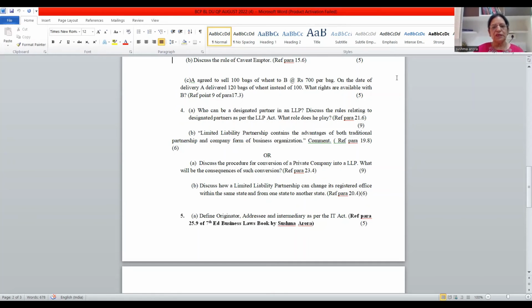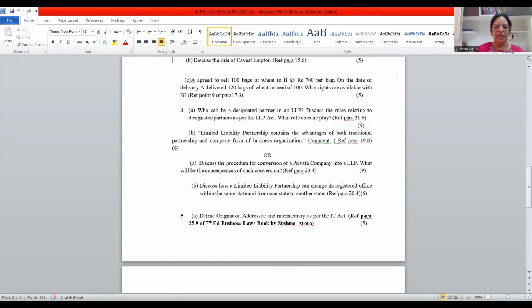Then discuss the procedure for conversion of a private company into LLP. Now, a private company can be converted into LLP, but there are certain steps involved in this. There are around 7 steps involved, which you will find discussed under para 23.4.